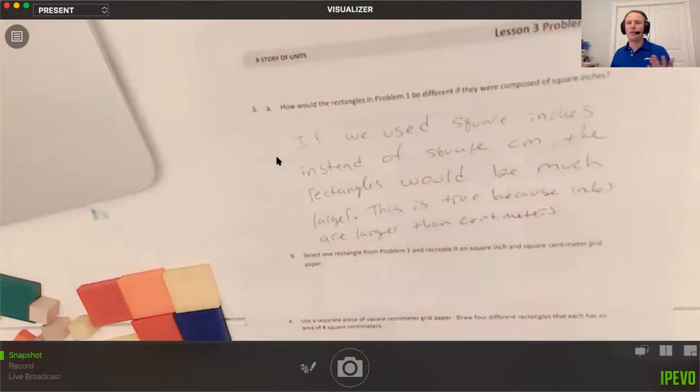All right, so that's a common question you're going to come across in this lesson and in this unit: comparing the size of units. And it's really just trying to drive home that point that you have to do more at this point than just look at the number. It's not enough to just look at the number and say, I know how big this is, right? So if I said one thing is 6 square meters and one thing is 6 square miles, right?